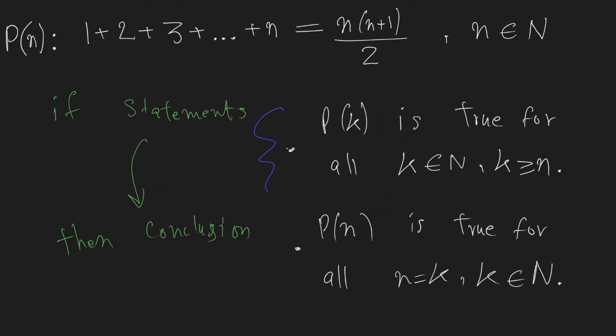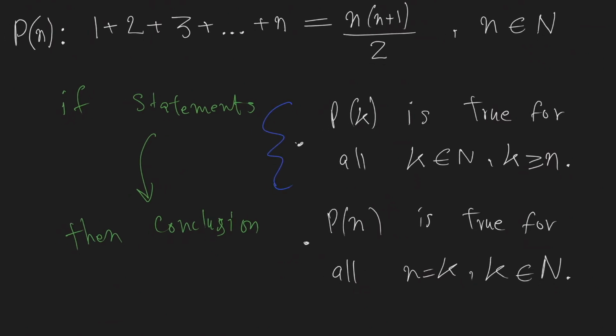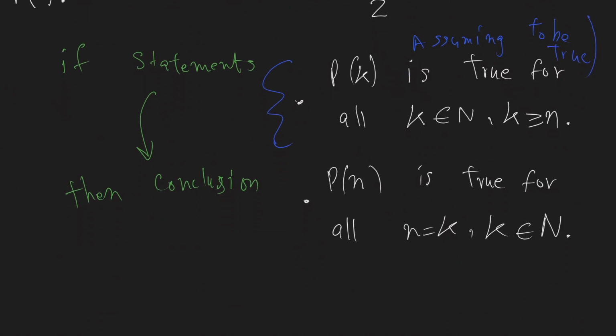So we're going to assume that this statement is true. I'm going to write this right here, assuming to be true. And these two are the same statements. Okay, these two are equivalent. So we assume that this statement is true.